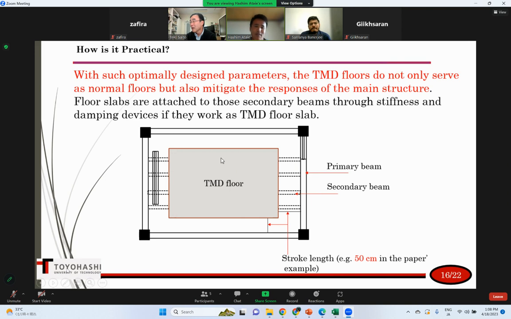So it needs some space, for example, in four directions. So they put 50 centimeters of space, right? Yes, otherwise this floor system will hit the wall, and that is not possible.